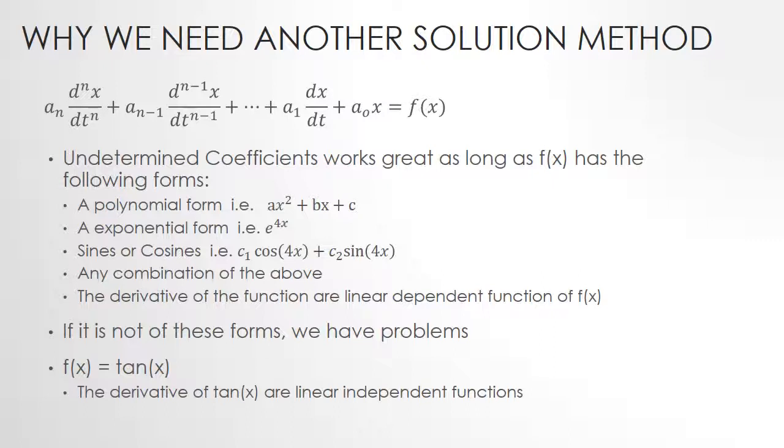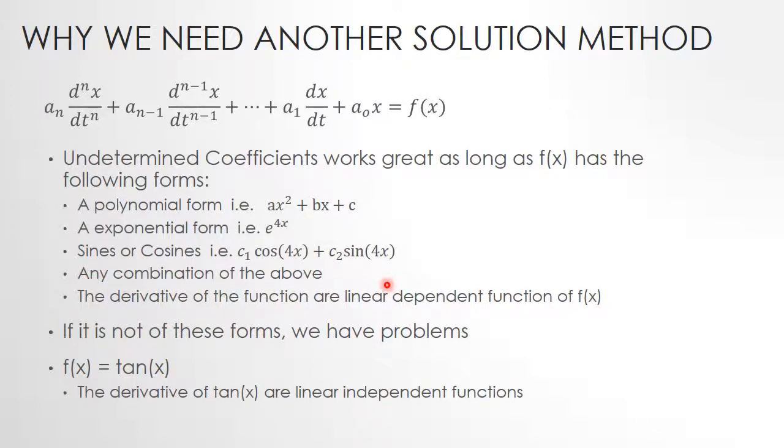So, why do we need another solution to help us solve non-homogeneous differential equations? Well, our undetermined coefficient method works well if this function f of x is a form of a polynomial, or is a form of an exponential function, or is a form of sines and cosines, or any combination of these.